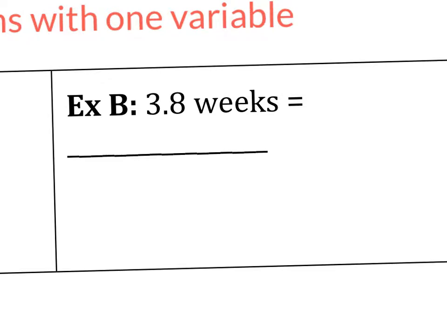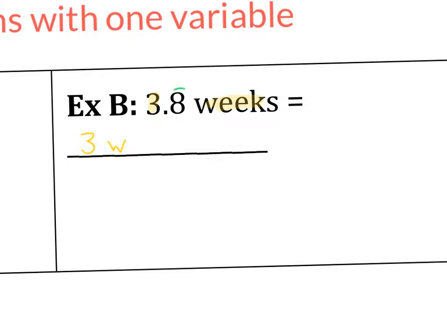3.8 weeks, we're going to do that algorithm over and over and over again until we get down to, we might even get down to seconds. So 3.8 weeks, what is that practically? So first thing we note is we have 3 weeks. So I can write that down, 3w.